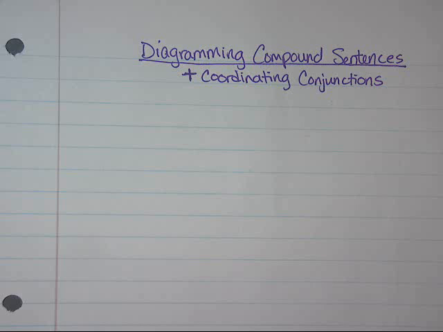Compound means put together. So, a compound sentence is one that's composed of two complete sentences: subject, verb, and all the other pieces that go along with it.